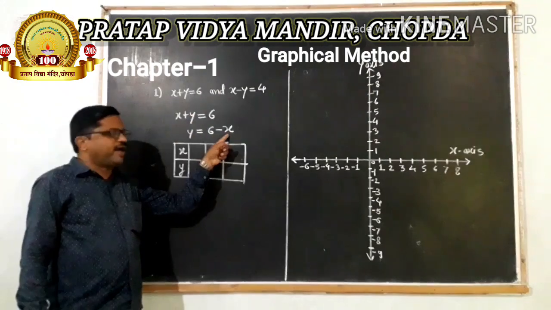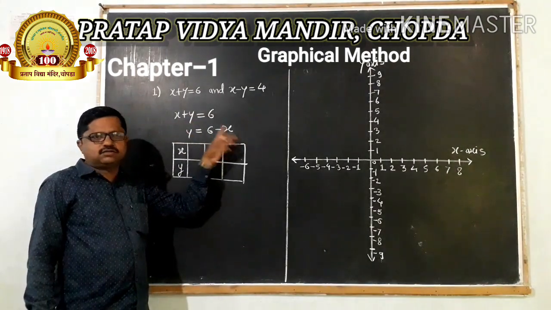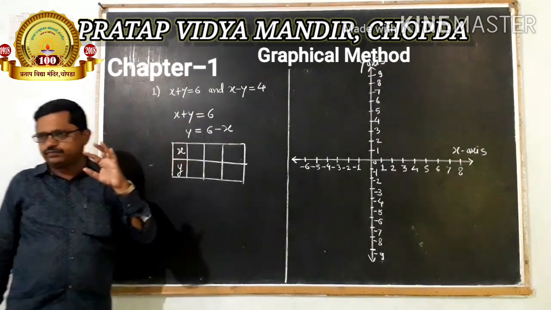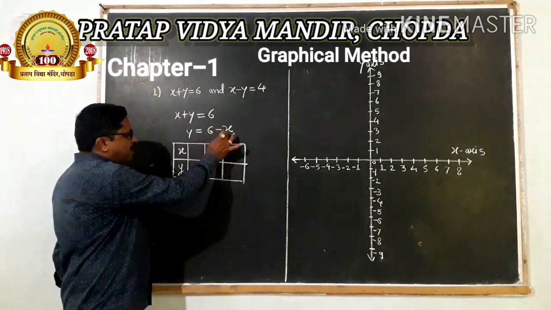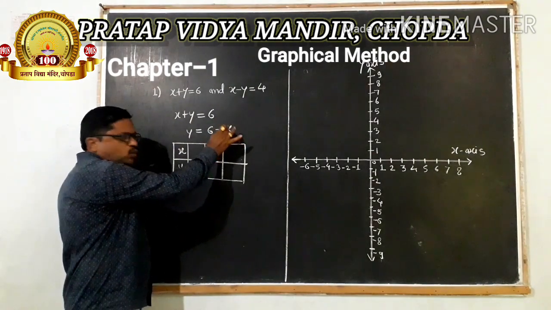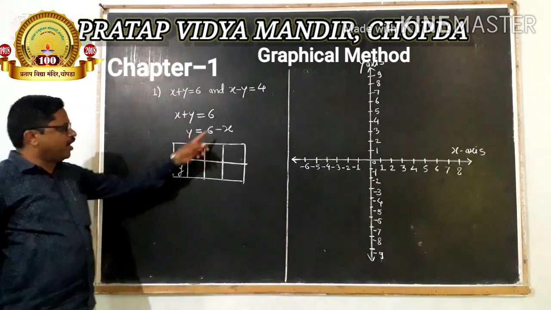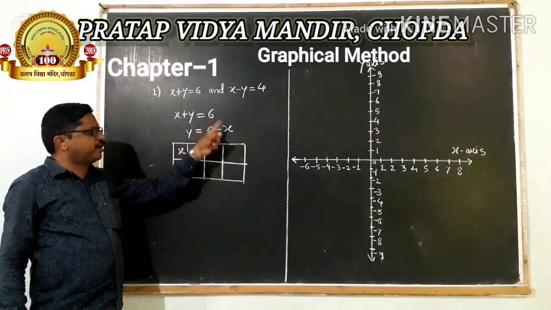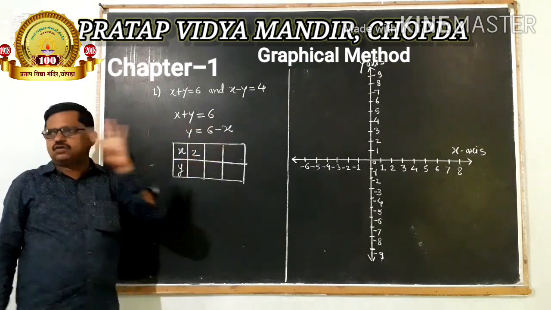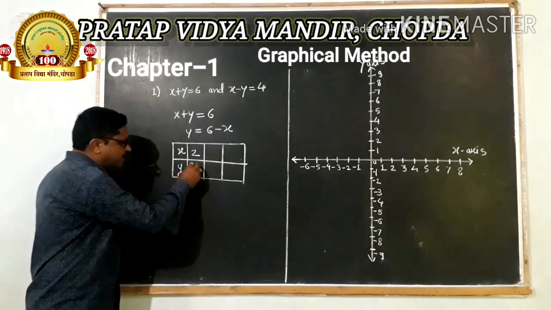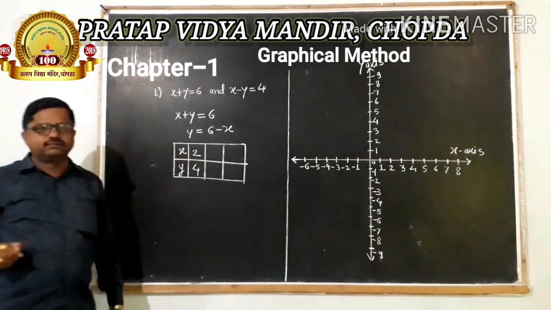Take any one value of x. If I use the value of x as 2, then what is the value of y? If x is 2, it means 6 minus 2. 6 minus 2 is 4. So the y coordinate of that point is 4.